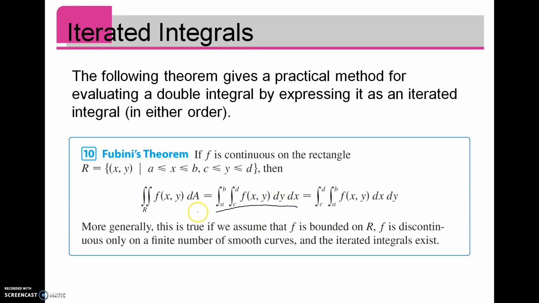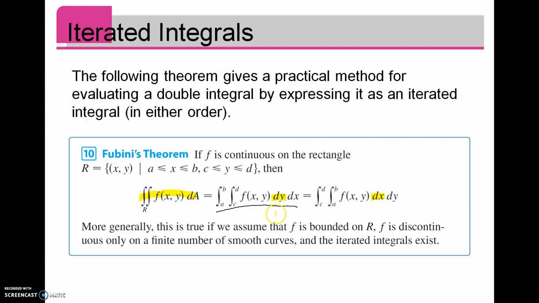I'm going to actually switch to highlighter here. So this is Fubini's theorem. What it really states is that we can take an iterated integral and integrate it with respect to dy first or dx first.